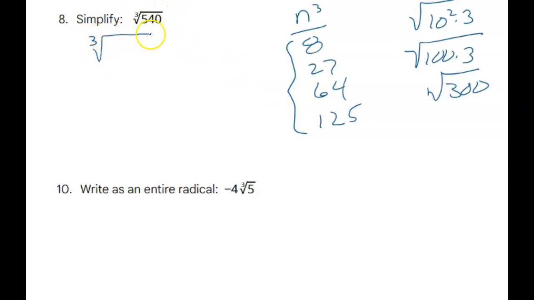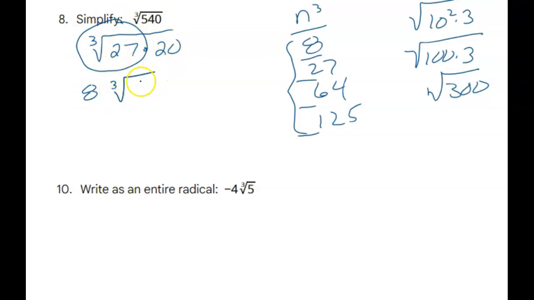So if we had 540, it is actually 27 times 20. So you're taking each of these factors here, and you're going to find out which one goes into 540. The cube root of 27 is 3. That can be done, but you cannot do the cube root of 20. So just remember, keep the cube root symbol there.